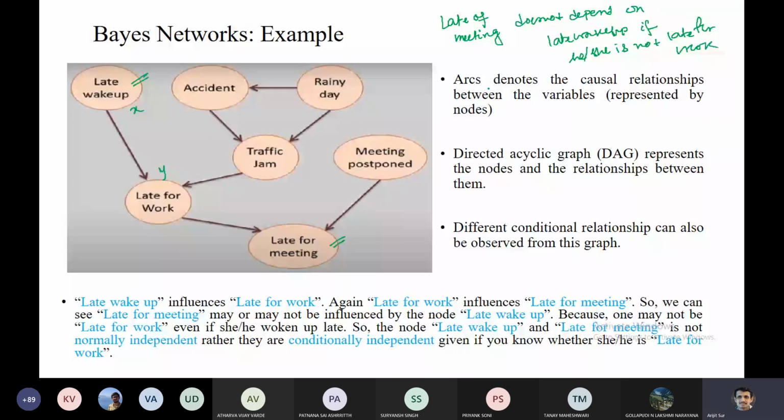Is that true or not? This node, late for meeting, sorry, doesn't depend on late wake up. This is another node. Okay, if he or she is not late at work.